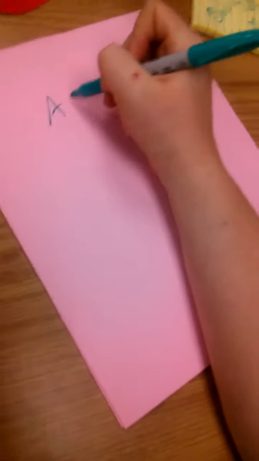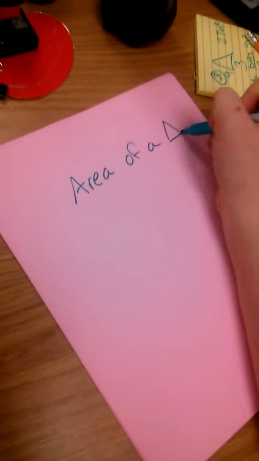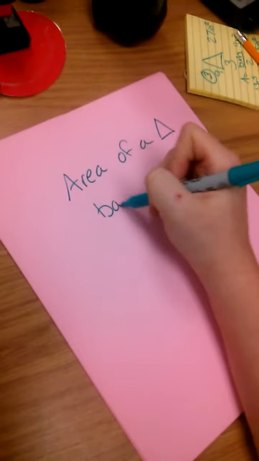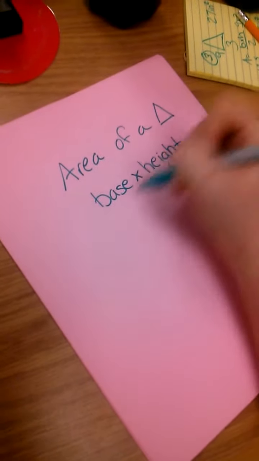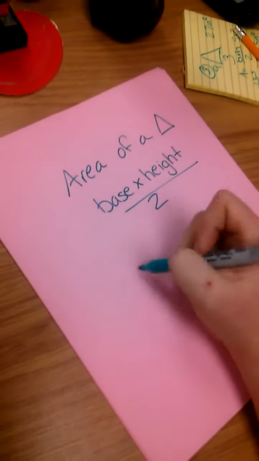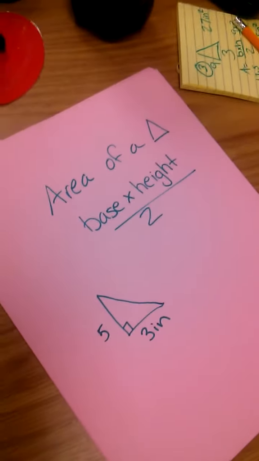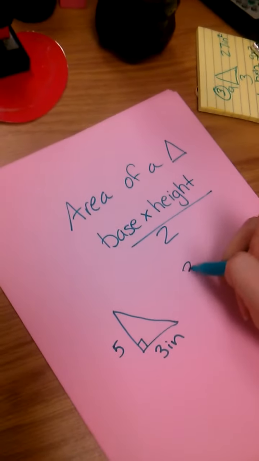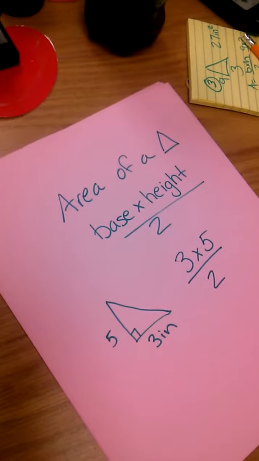Now, for area of a triangle, it is going to be base times height divided by 2. So, if I take my right triangle, and let's say this is 3 and this is 5, I would say my base is 3 times my height, which is 5, and divide that by 2.